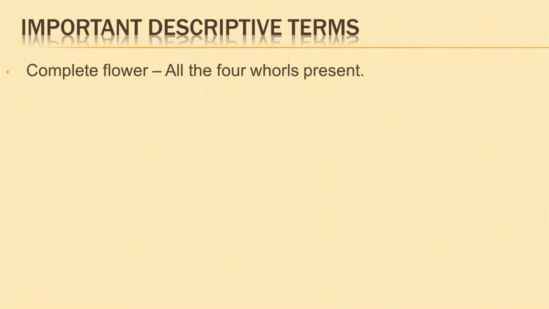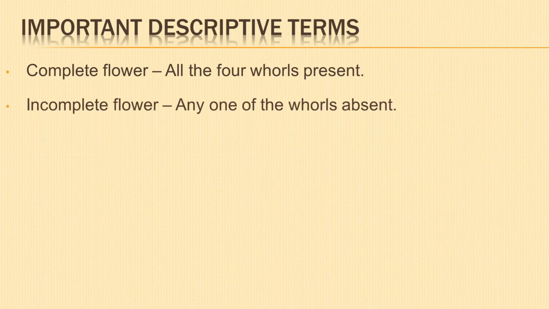Complete flower. A flower is said to be complete when all the four whorls, namely sepals, petals, androecium, and gynoecium, are present. Incomplete flower.